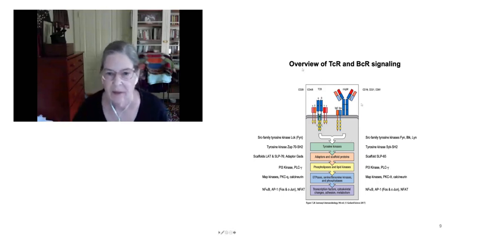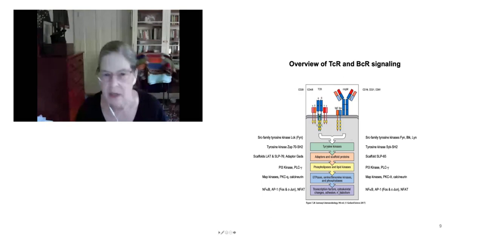So this has kind of been the flow, whether it's an antibody on the surface of a B cell or a T cell receptor, where you've got kind of the flow of changes that result in transcription of things such as cytoskeletal changes, adhesion molecules, changing metabolism of the cell because it's getting activated, and turning on things like cytokine genes and so forth.